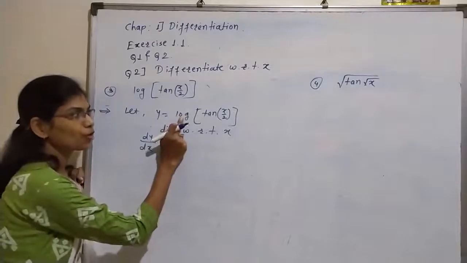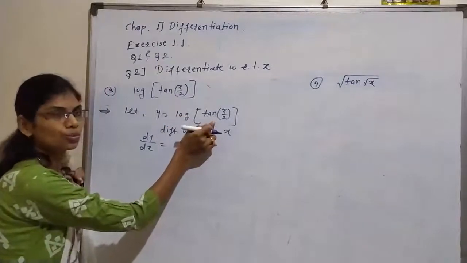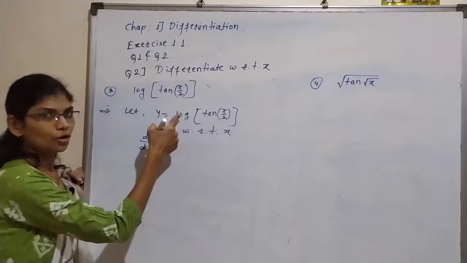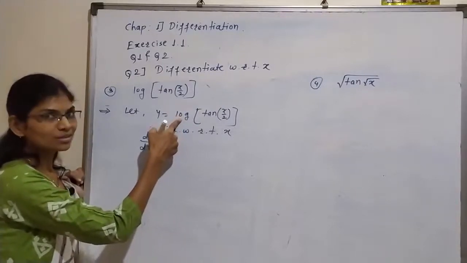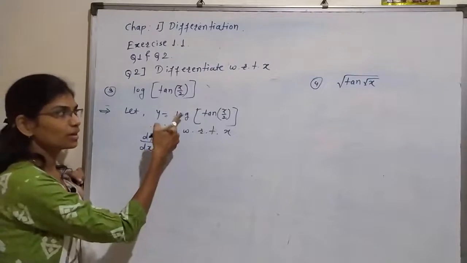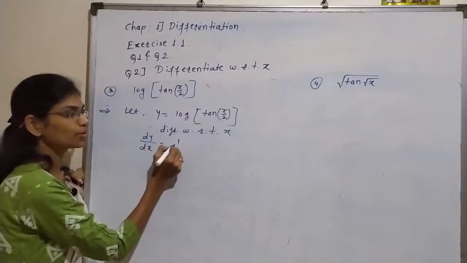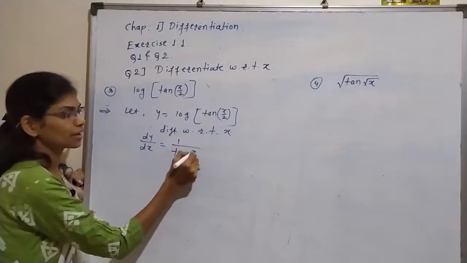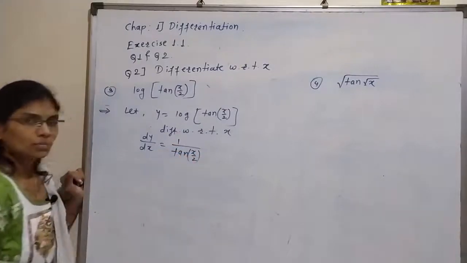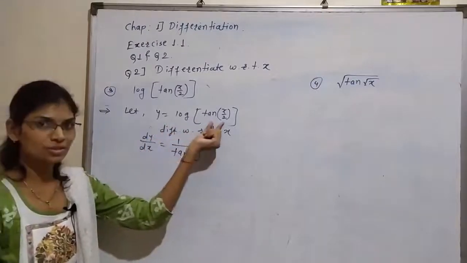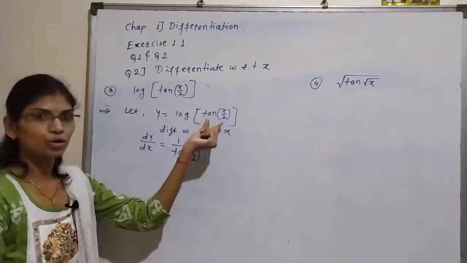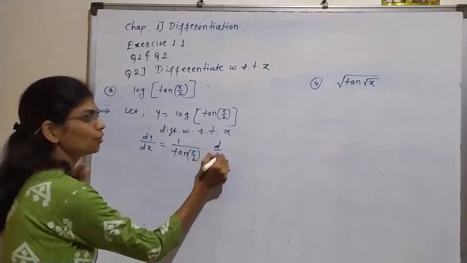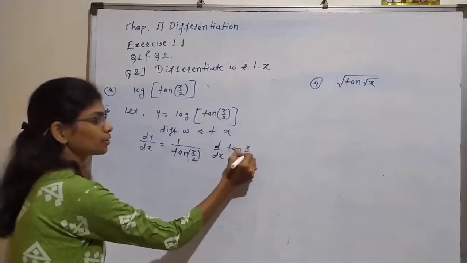Therefore the derivative of log of tan x by 2 is, by the derivative of log x being 1 by x, 1 divided by tan of x by 2. But a function of a function is there. That is why we have to take the derivative of the second one also, that is the derivative of tan of x by 2.